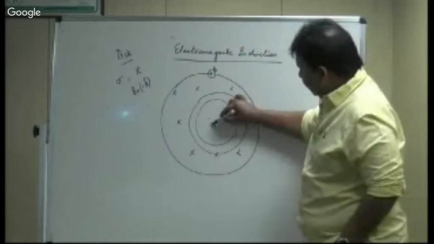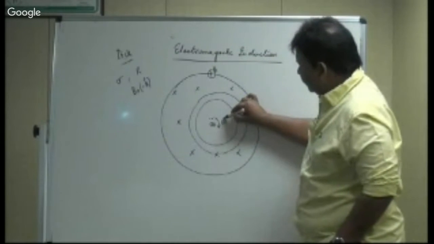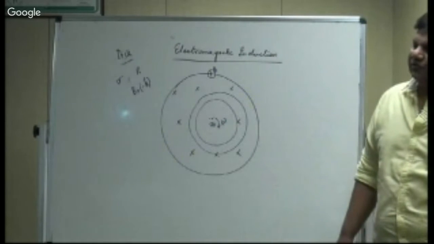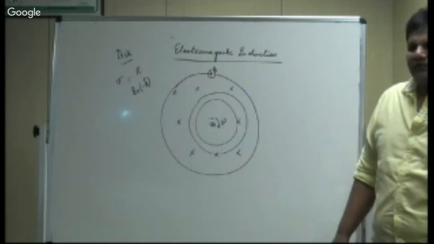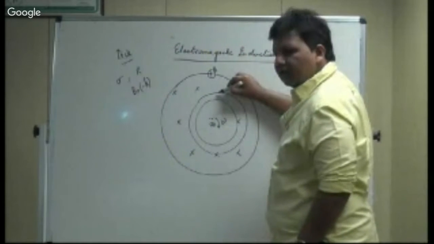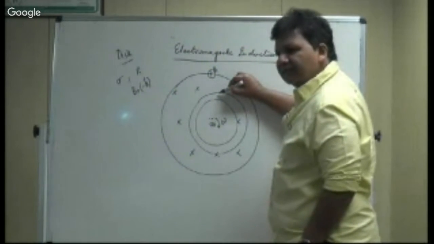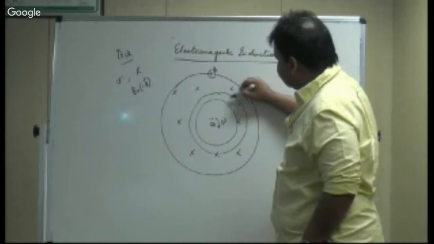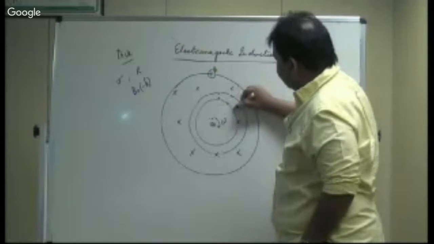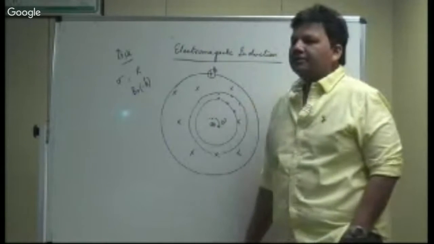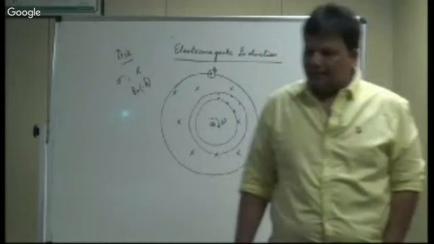Now, when you rotate this with an angular velocity omega, the charges, the electrons will experience a centrifugal force. उसकी वजह से क्या होगा? Centrifugal force होने से क्या होगा? जो negative charge है, that will start collecting here. Yes, and the positive charge will start collecting here. And because of this, there will be an induced EMF. लिखो.